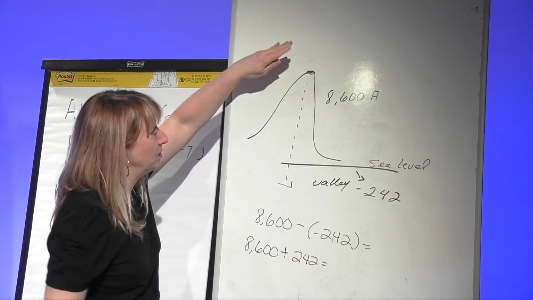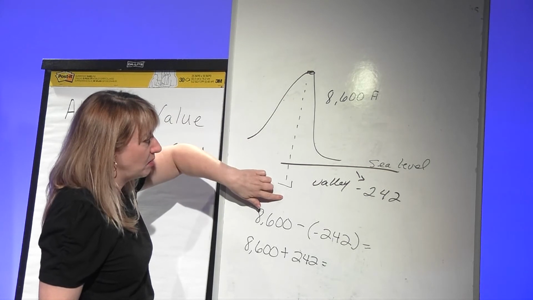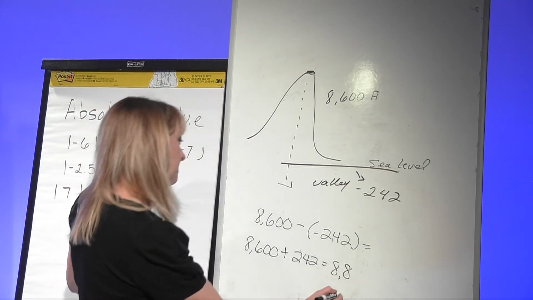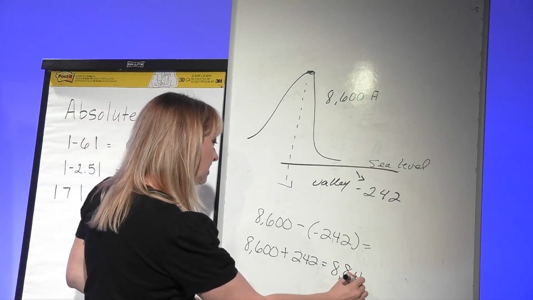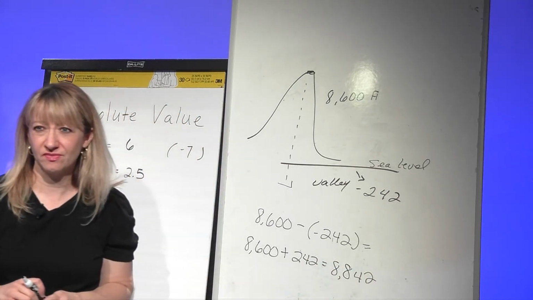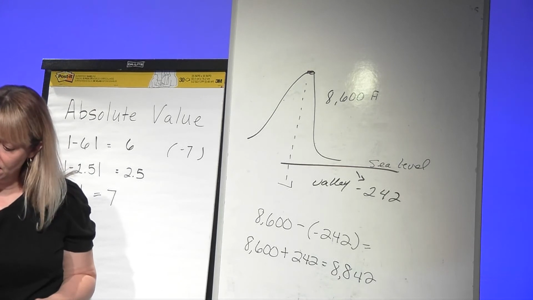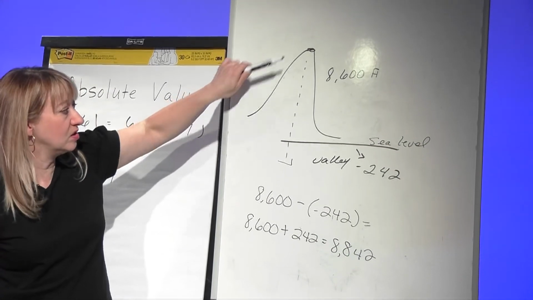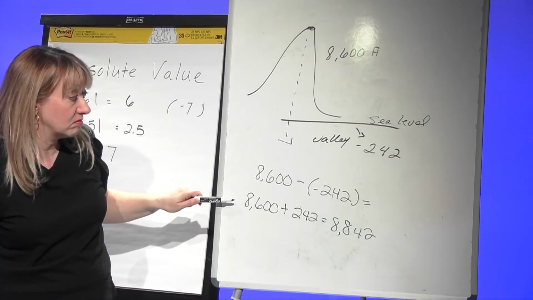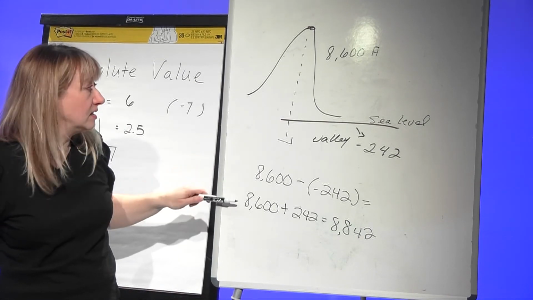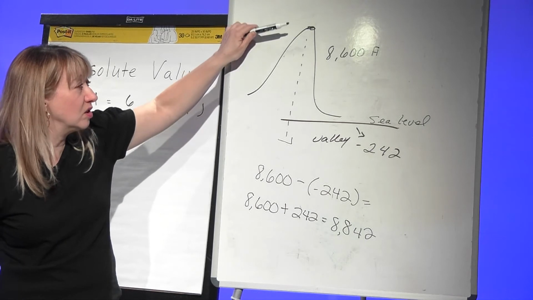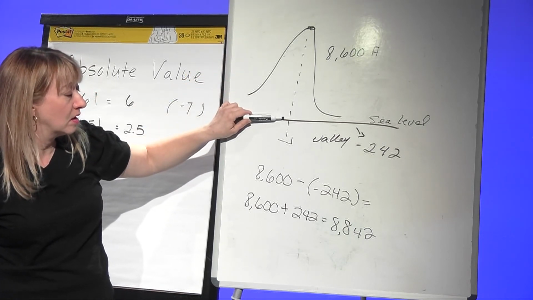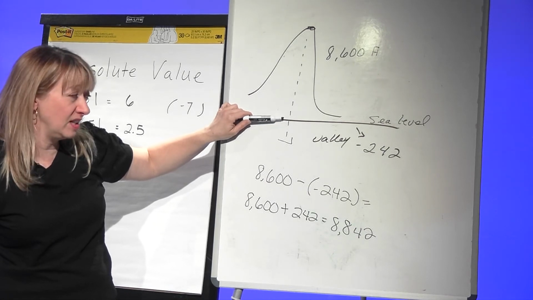So the difference from the top of this mountain to the bottom of the valley is 8,842. So however you choose to look at it, you might just simply write it out this way in the sentence, or you might need to draw a picture so you can actually visualize you're talking about the top of a mountain to sea level, and then from sea level to the valley.